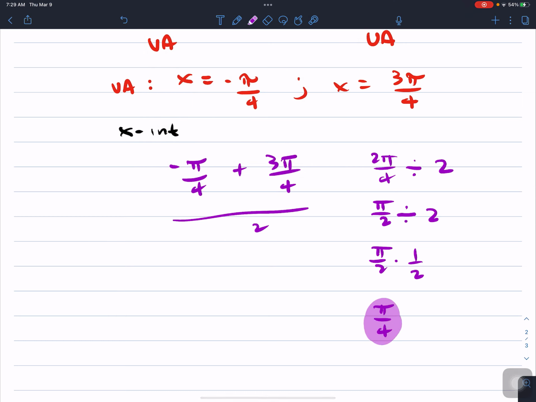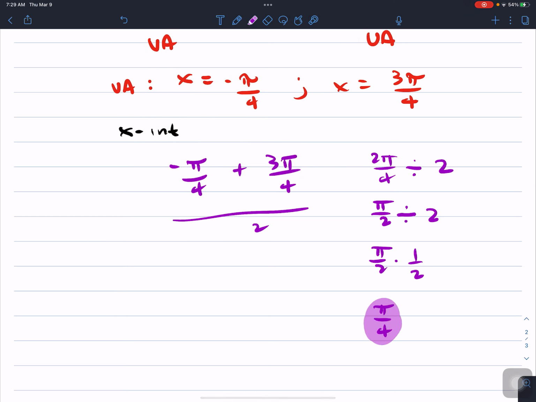But what do we notice about the tangent curve here? Do you guys remember? What do we know about tangent? So if I go to Desmos, generally speaking, tangent, like we said before, this is not an interval of one cycle, right?